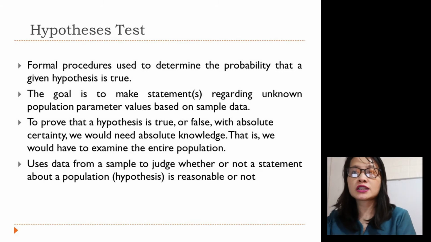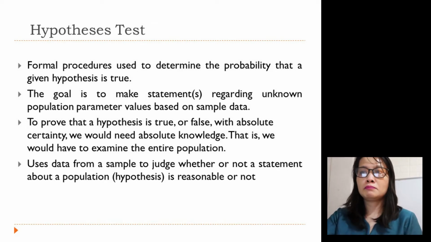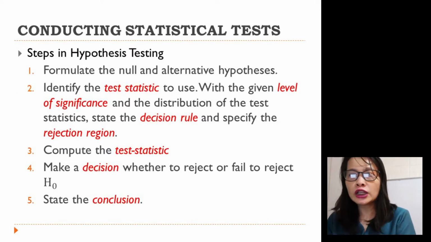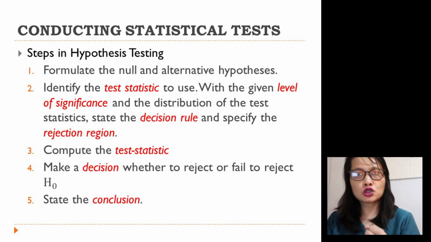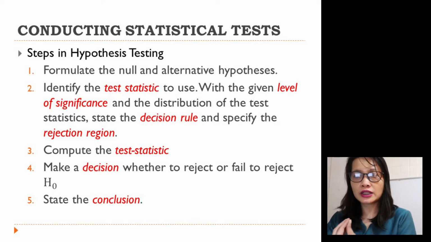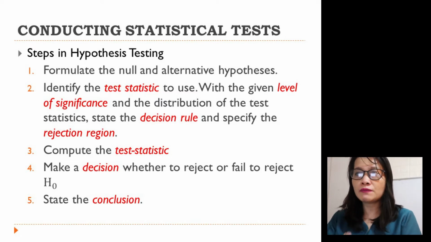Steps in hypothesis testing. Be familiar with this one. Number one, formulate the null and alternative hypothesis. Number two, identify the test statistic to use with a given level of significance and the distribution of the test. Now, if the level of significance is not given, use 5%, or that will be 0.05.